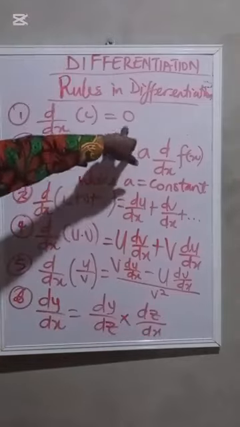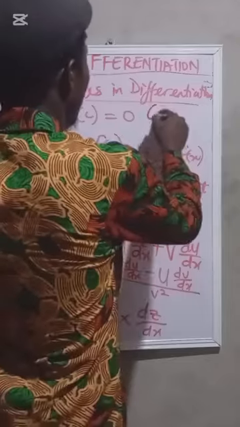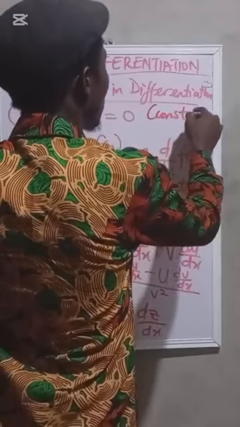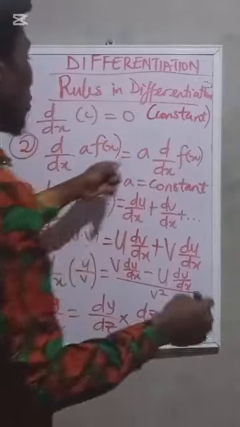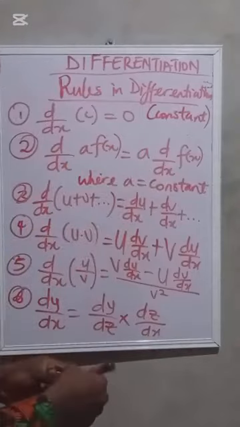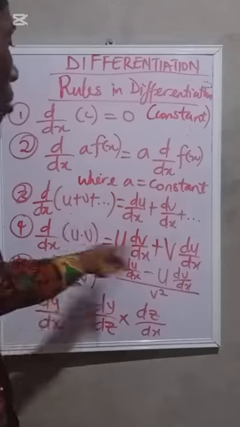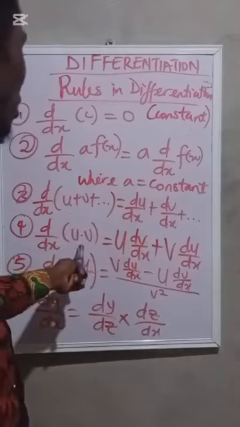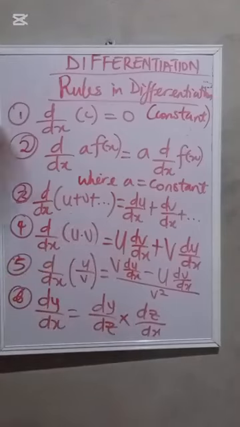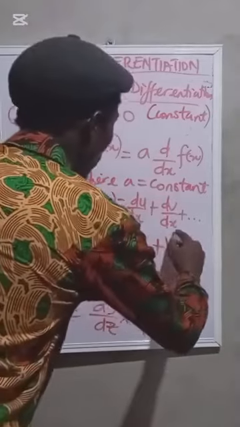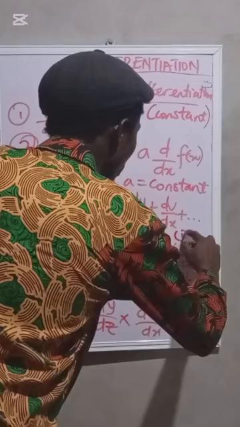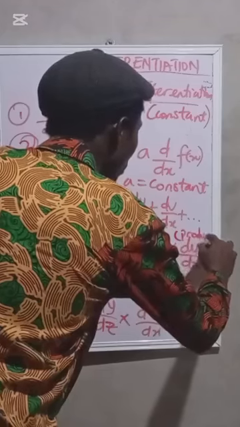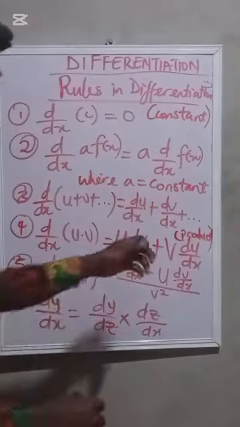This is a constant. This is a function with respect to x. This one is a function that has another constant. Now this one is a normal function, but when you get to this, it is what we call the product rule.